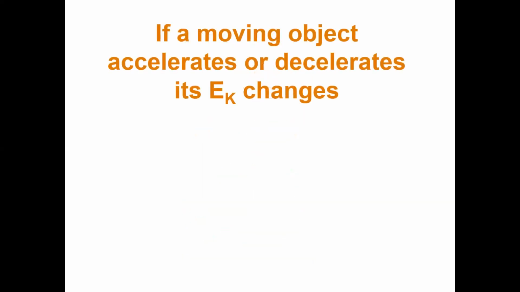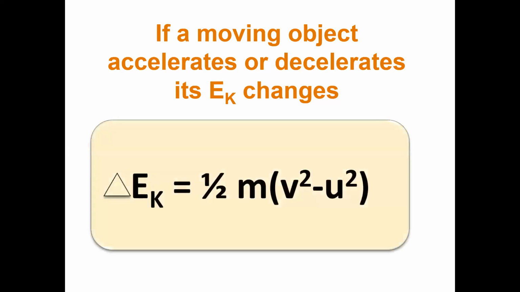If a moving object accelerates or decelerates, its kinetic energy changes by half m times v squared minus u squared. Look at the formula for change in kinetic energy.